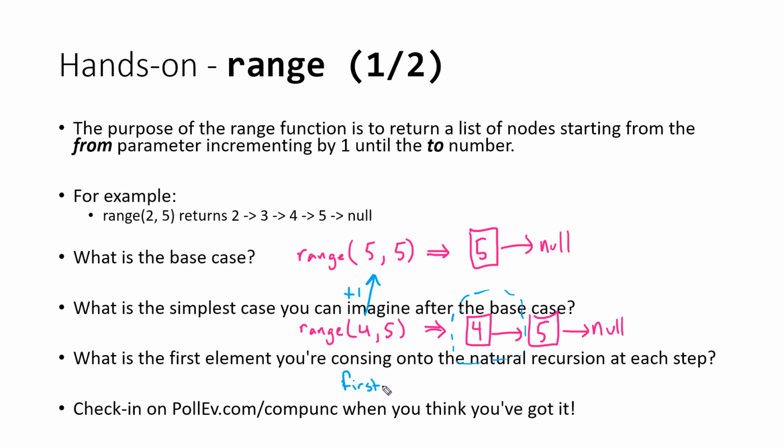So the first value that we give to it as an argument, which becomes inside of that function the first parameter. Right? So 4 in this case is what's going to be consed onto range applied to the values 5 and 5, right? So when we apply this process recursively and move closer to the base case, we would move from range 4 to 5 to range 5 to 5.